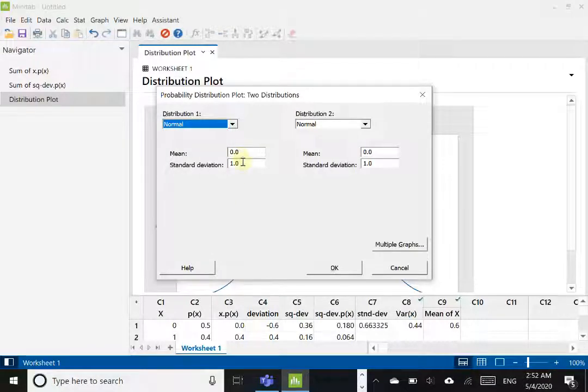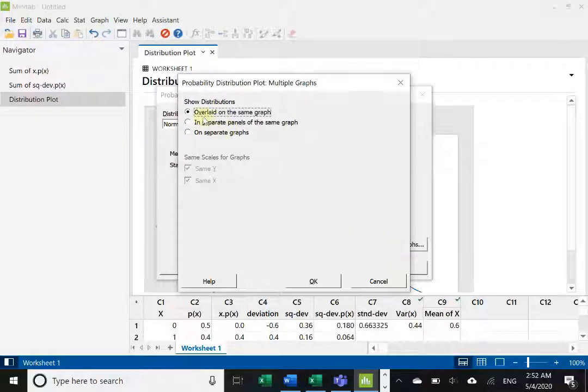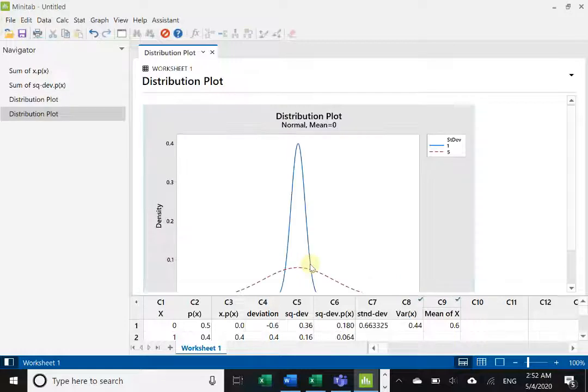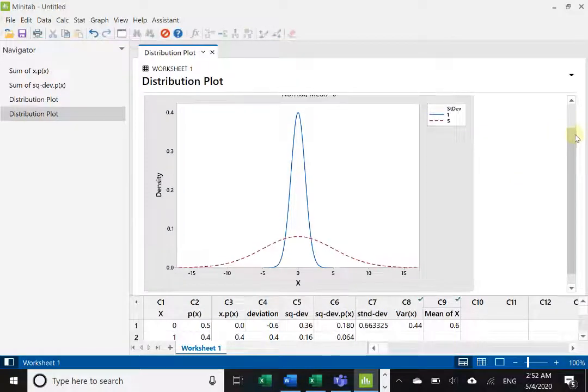Let's say we want mean 0, deviation 1, and then mean 0, same center, and this time let's make the deviation, I don't know, 5. There you go. This gives you options on what you want to do. I'm going to overlay one on top of the other. And there you go. So this is what you get. This is the overlaid graph.